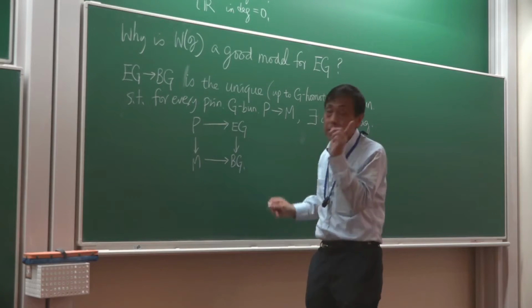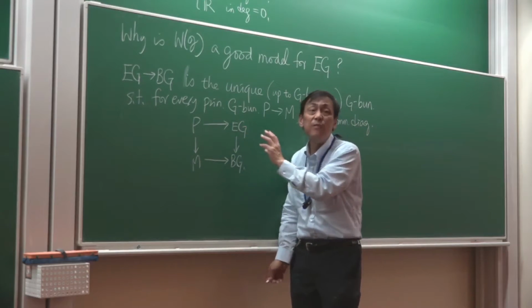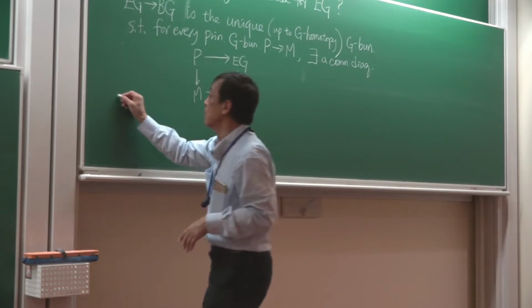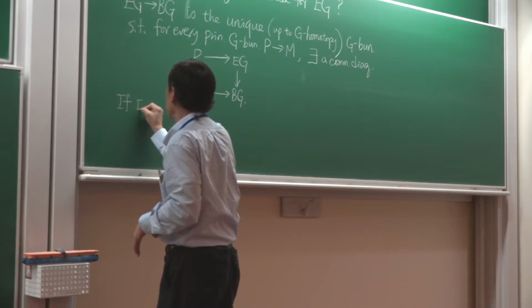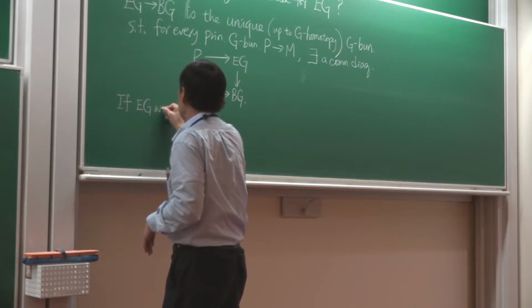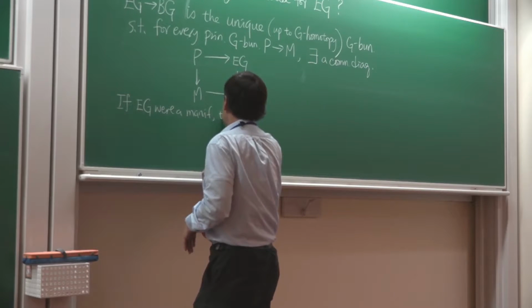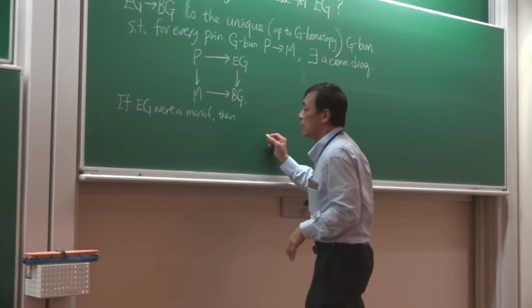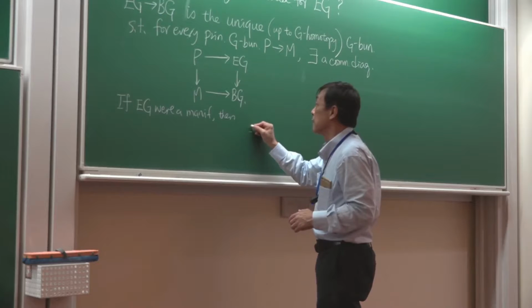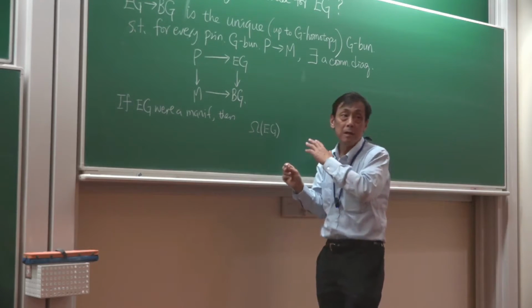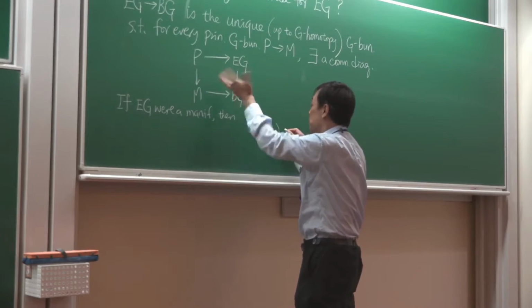Okay? Now, the universal bundle, this is an infinite dimensional space, so it's not a manifold, but if it were a manifold, then you would have a de Rham complex. And the forms would pull back.